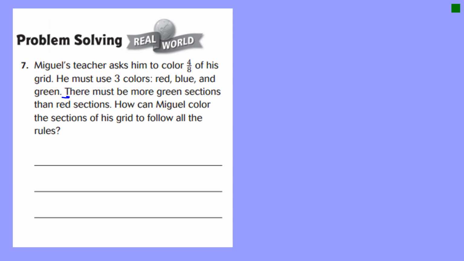How can Miguel color the sections of his grid to follow all the rules? All right, let's see. He only has to color 4/8 of his grid. Okay, only 4/8 of his grid. And he has to use 3 colors, red, blue, and green. Now, the only thing Miguel's teacher said is that he's got to have more green than red.